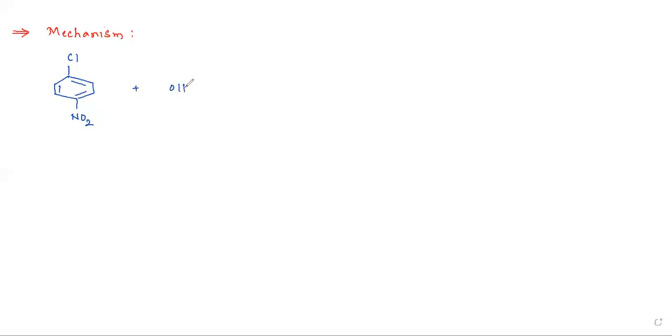In fact, it is the slow step of the reaction or the rate determining step. See, here in this case, the nucleophile attacks the carbon to which the halogen atom is attached. So, first addition.